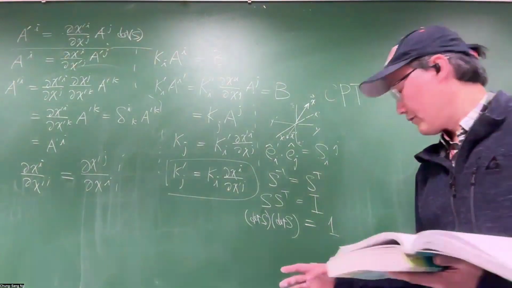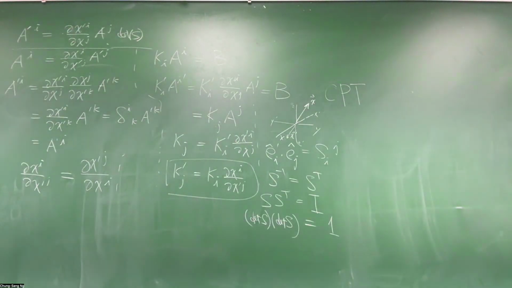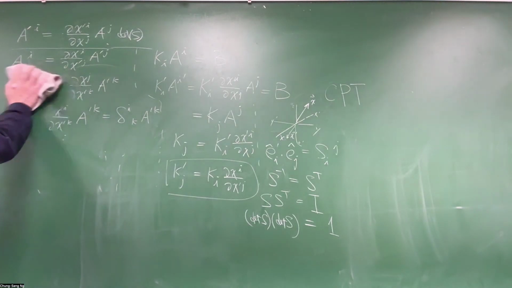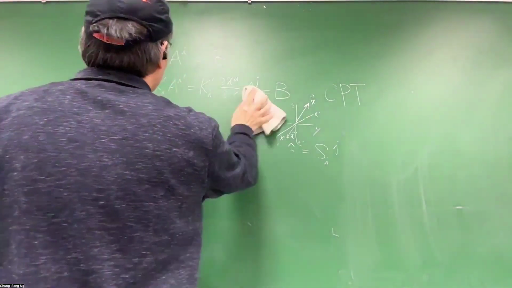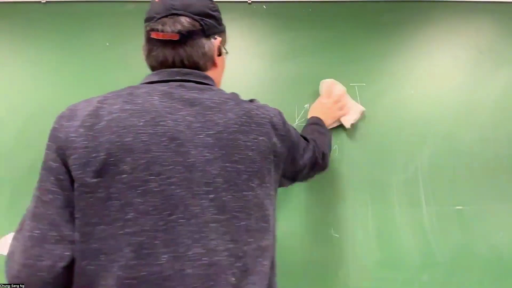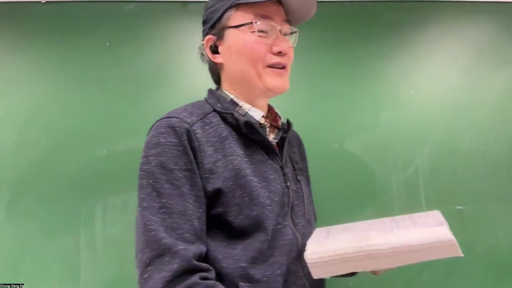Right. So now the example, obviously, of a pseudo vector, you probably learned in undergraduate E&M: the magnetic field is a pseudo vector instead of a vector. But that is staying with the old undergraduate level of E&M.